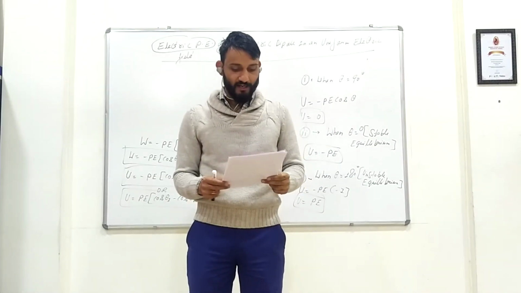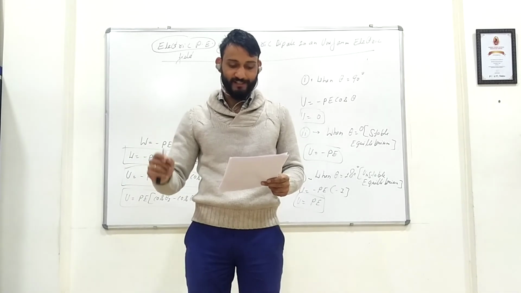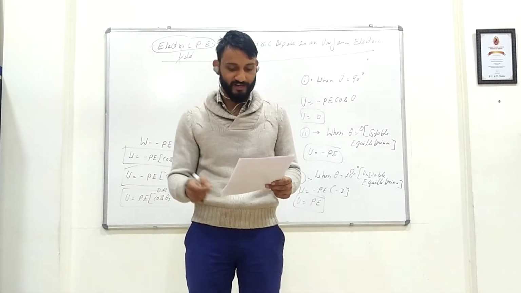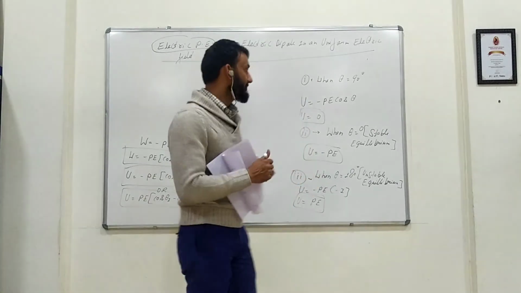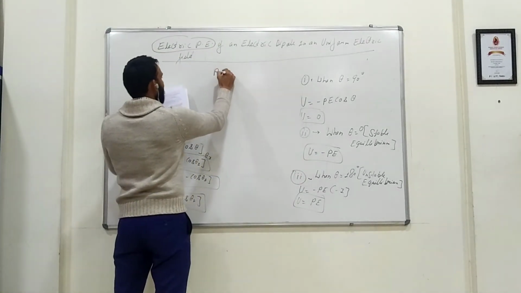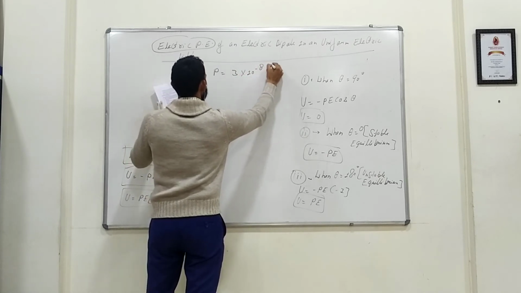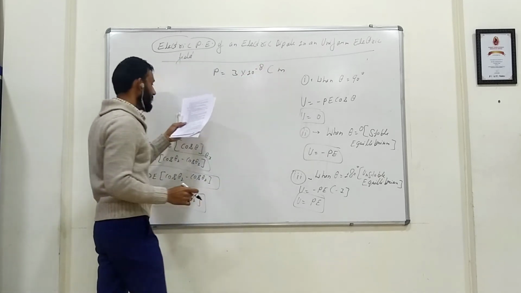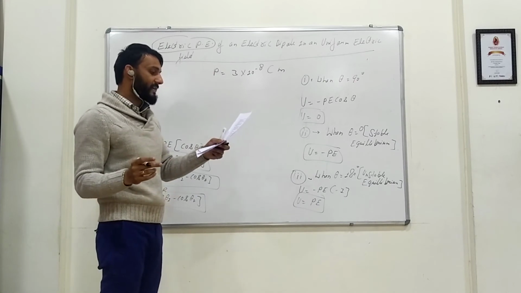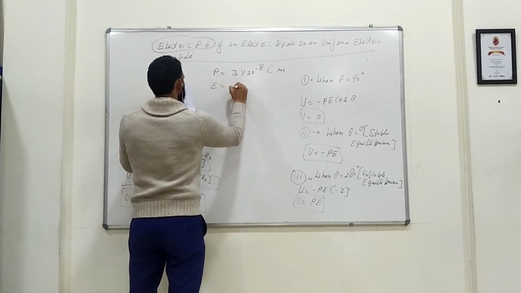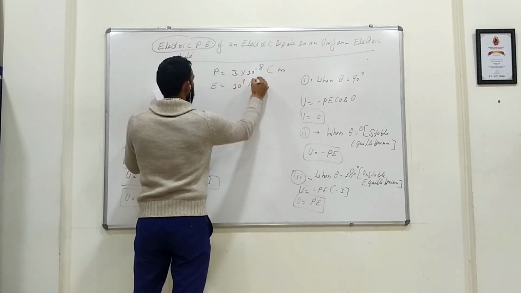So the question reads: calculate the amount of work done in rotating a dipole whose dipole moment is given as 3 into 10 to the power minus 8 coulomb meter, and the electric field is given as 10 to the power 4 newton per coulomb.